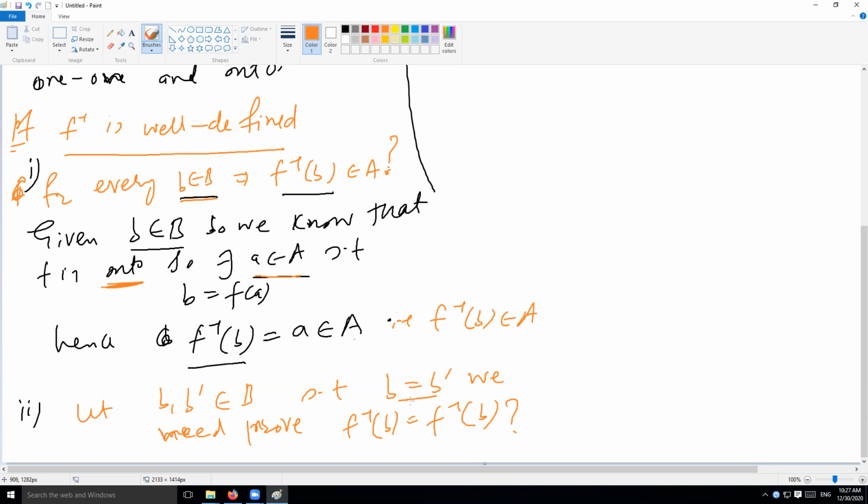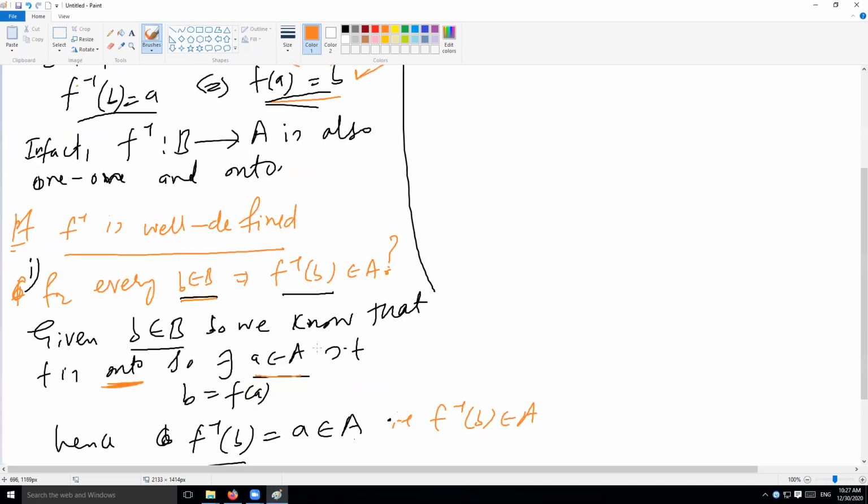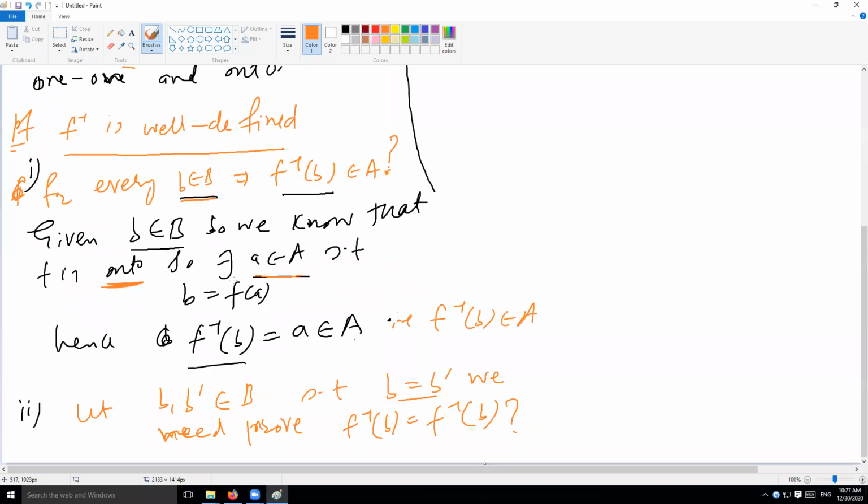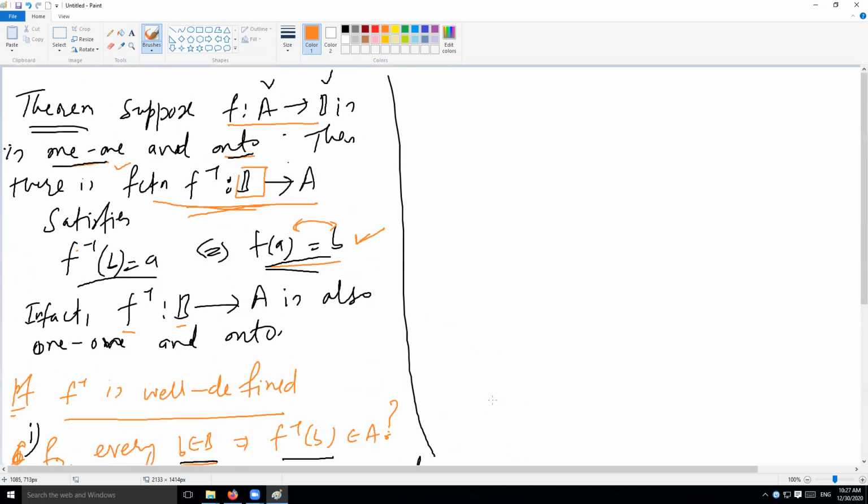Now, what are the inputs? From where must I take the inputs for the function f inverse? I have to take the inputs from B. So I pick two elements of B that are equal, and I need to prove that their inverse images are also equal. But how can I prove it? The same trick would work.